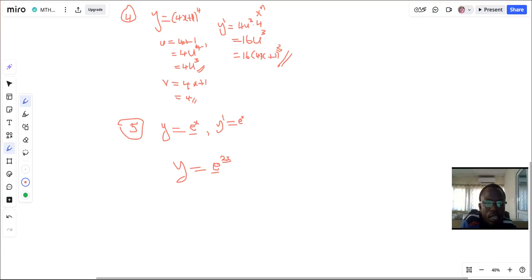The derivative of e is e, so we have a function here and another function here.